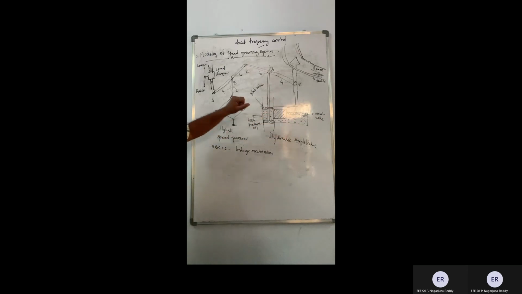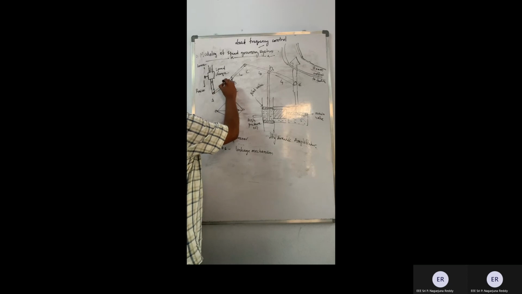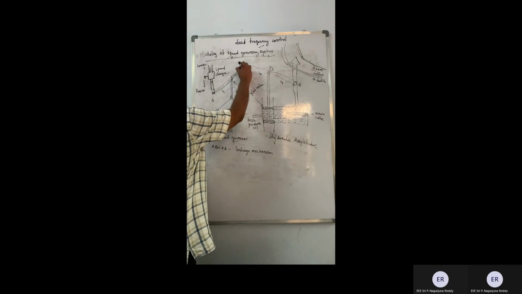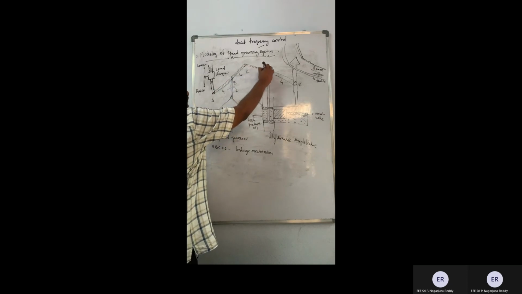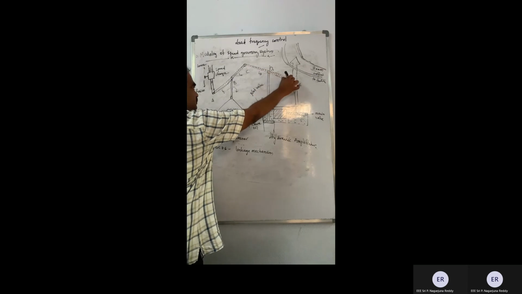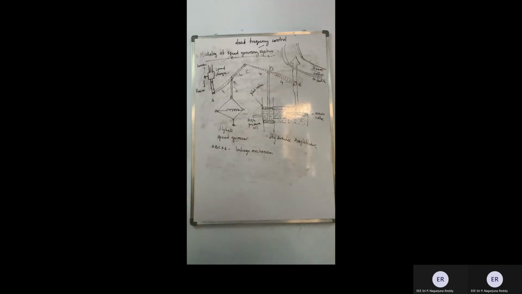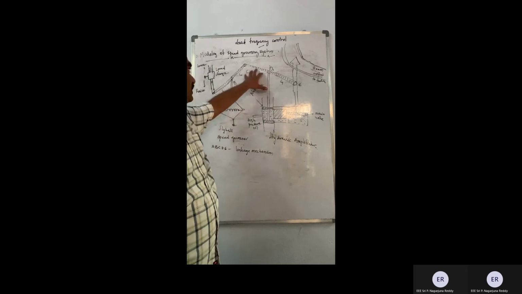And this is A, B, C, D. If you can see, this is a linkage mechanism. A, B, C, D is a linkage mechanism, just like a wire type of thing, a rod type of thing. So once again, the important components: the speed changer, the speed governor, the hydraulic amplifier, and the linkage mechanism.